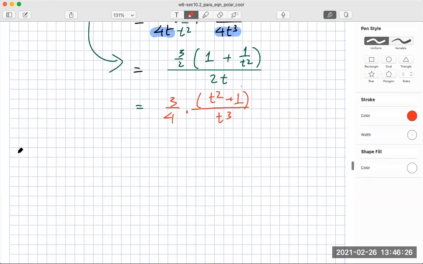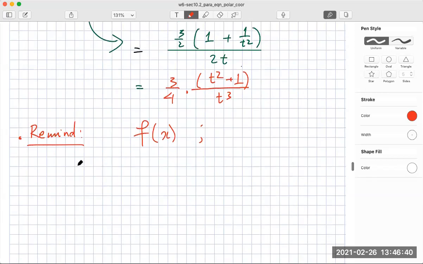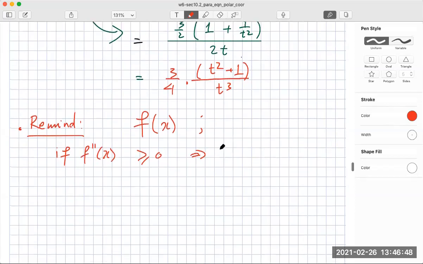Let me remind you. If we're given the function f(x) here, and if the second derivative of this is positive on an interval I, what does it mean? Yes.